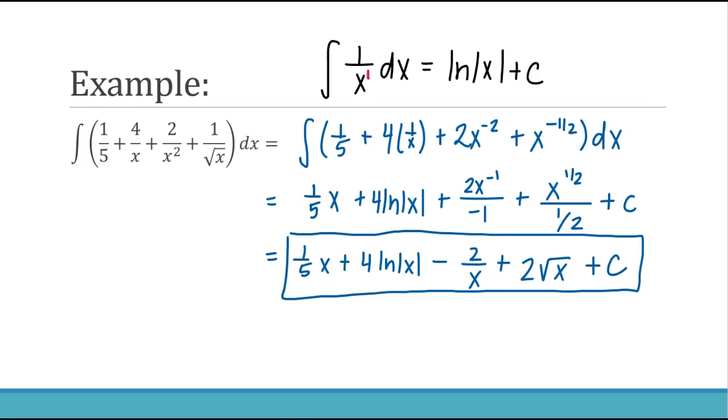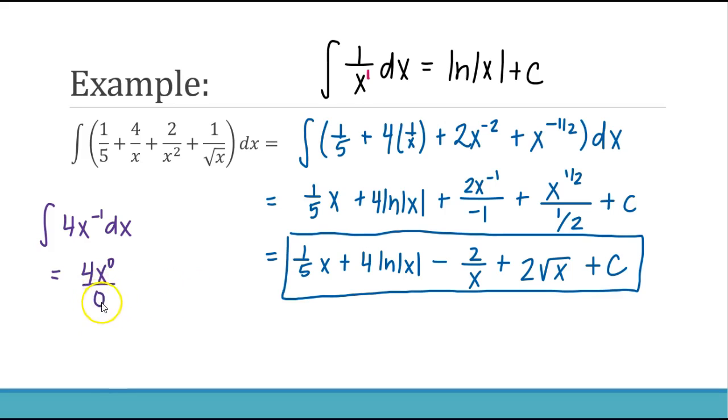And just a real quick aside, sometimes people do forget that the integral of 1 over x is the natural log of the absolute value of x, and they'll try to use the power rule. So I just want to show what happens on just that piece if you try to use the power rule. If you have the integral of 4x to the negative 1 dx, and I try to rewrite it first and apply the power rule, I'll get 4x to the 0 divided by 0.